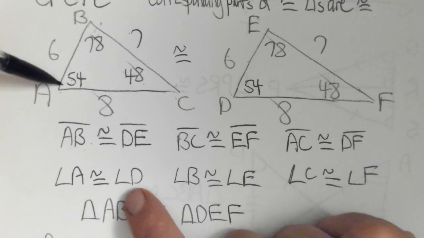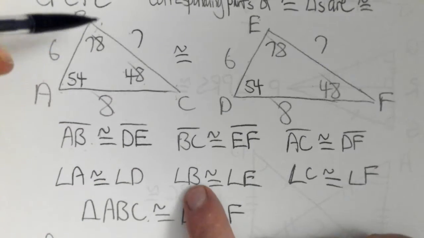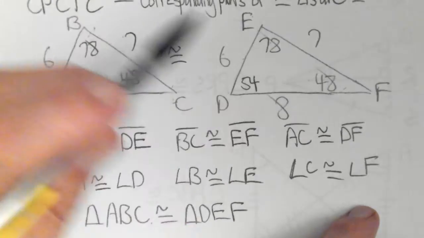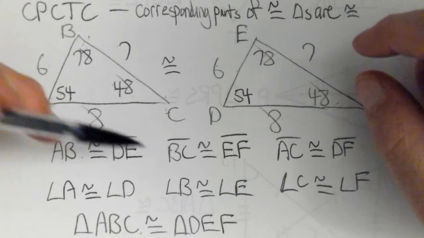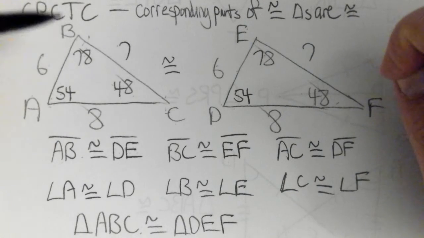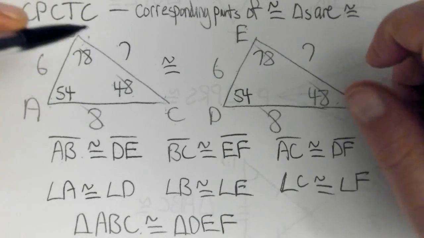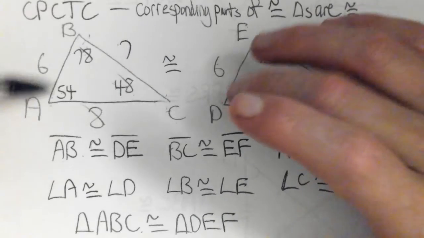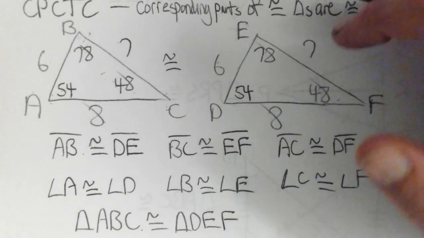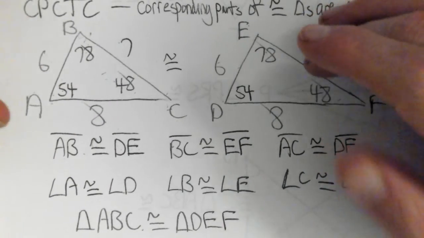Angle A matches with angle D. They're congruent. B matches with E, and C matches with F. This is an illustration of all 6 corresponding parts of a triangle being congruent. So if 2 triangles are congruent, then all 6 corresponding parts have to match.